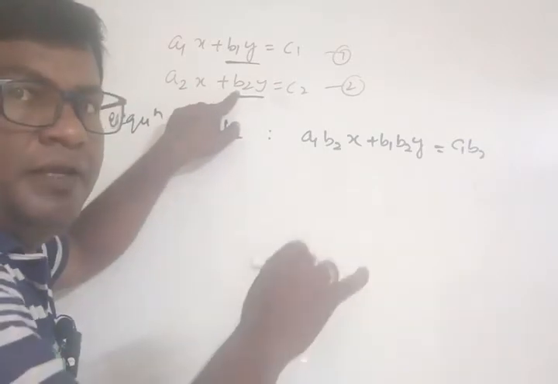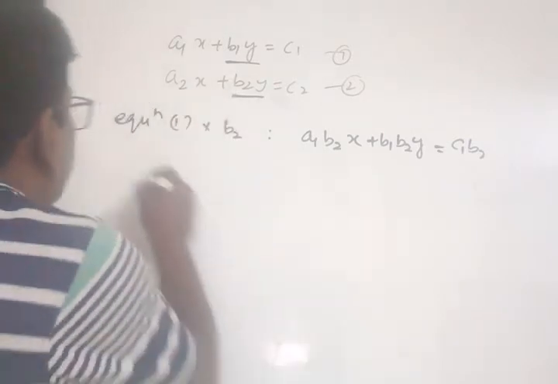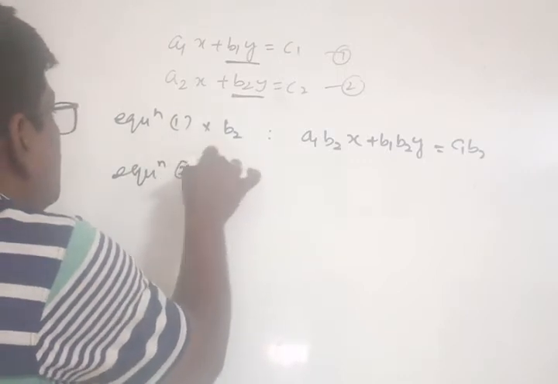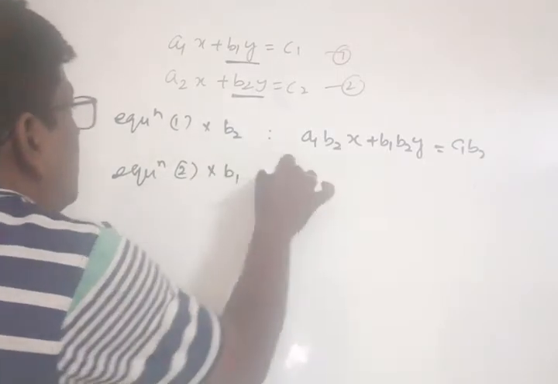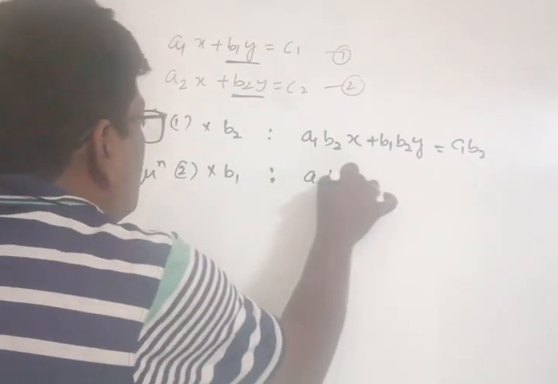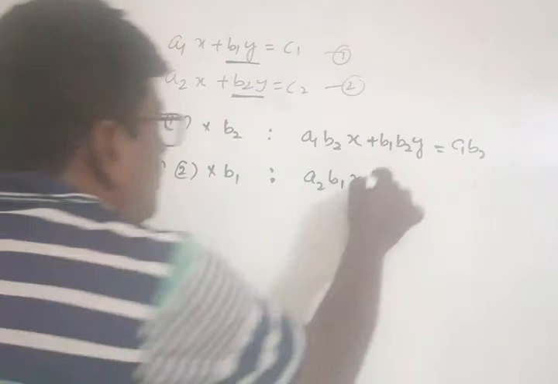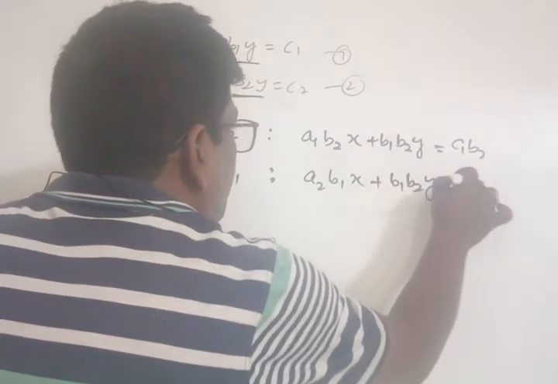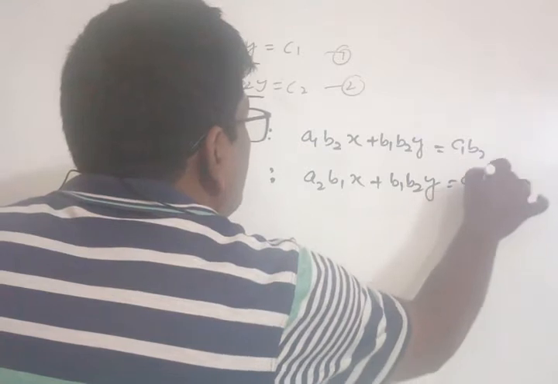So multiply equation 2 by b1. Equation 2 into b1, what will happen? This is a2 b1 x plus b1 b2 y is equal to c2 b1.